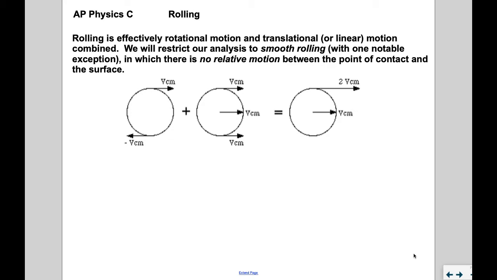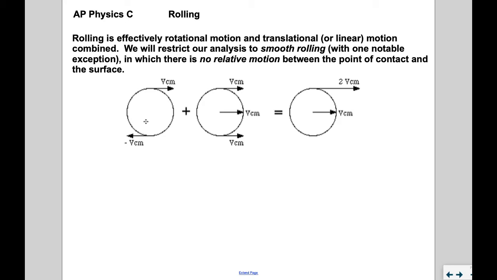If we look at the outer edge of this rotating object, we are familiar with the linear velocity of the outer edge associated with the rotation. So that velocity equals omega times r, where omega is the angular velocity.